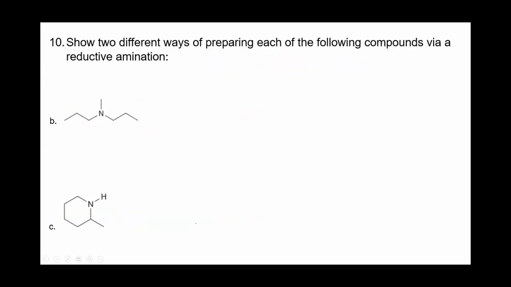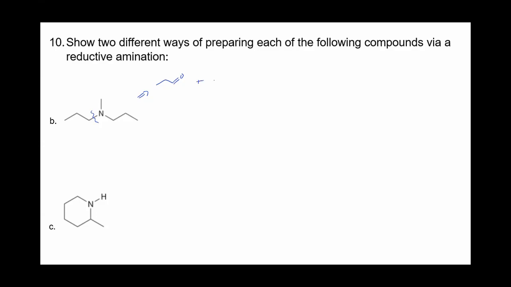All right, so we have to show here two different ways of preparing each of these via reductive amination. One of the things that we're going to start with is an aldehyde or a ketone. And you can pick any side really. So if I just draw a break here, this would be my carbonyl.